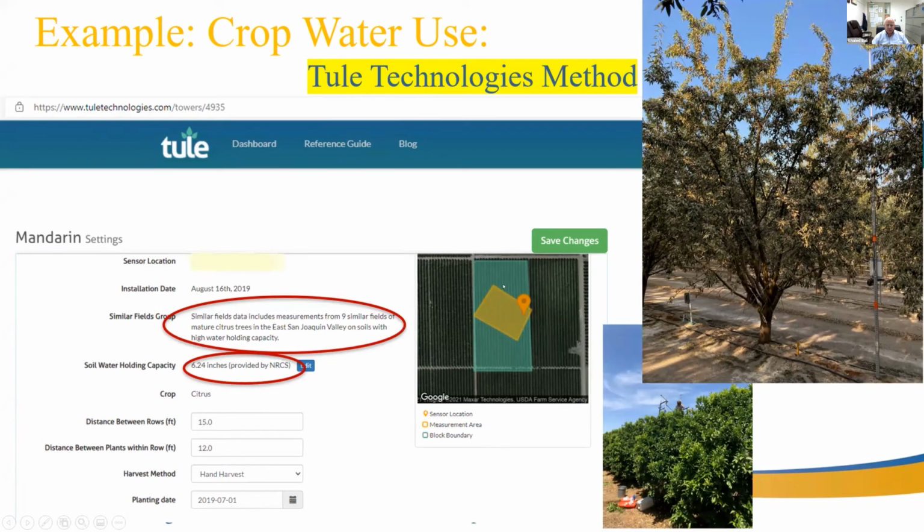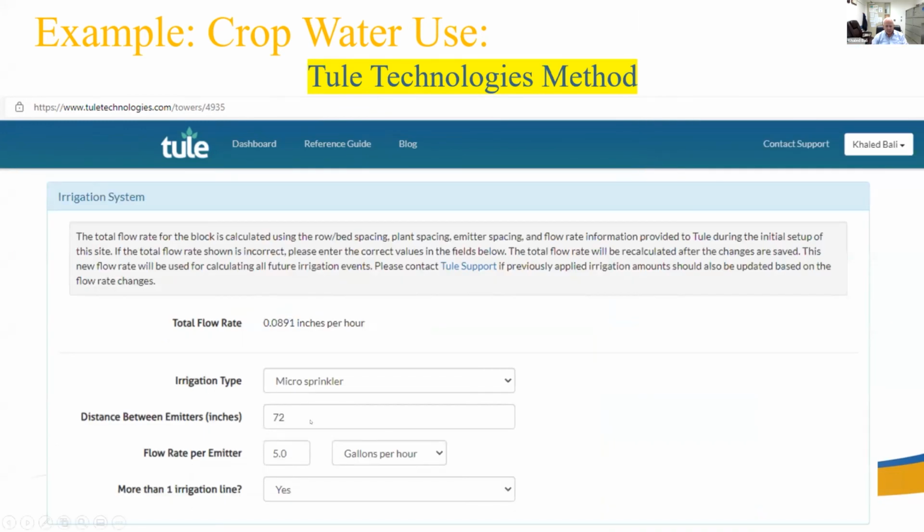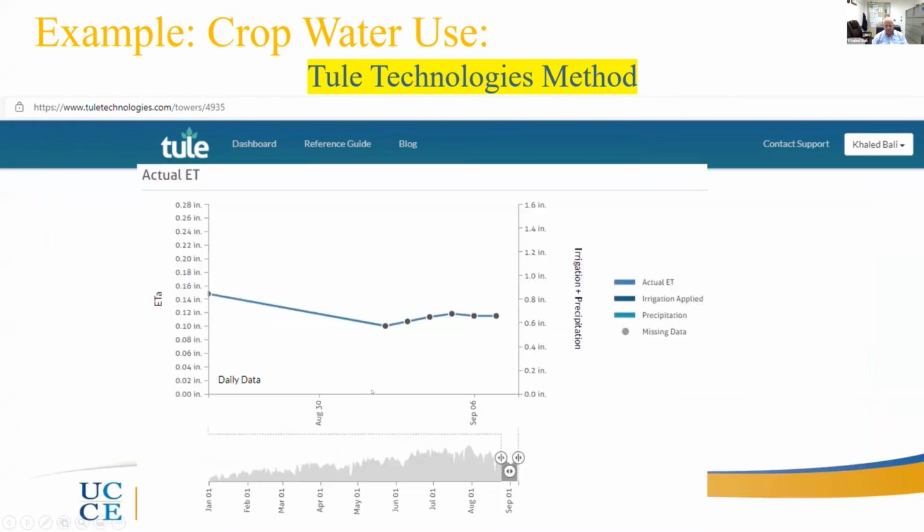I don't have to worry about the soil type. They will figure out what's the soil type, based on the NRCS soil type maps, and they will determine the water holding capacity for me and everything. All I have to do is just provide very basic information about the spacing of emitters and my irrigation system and so on. And then, they can provide me with a recommendation.